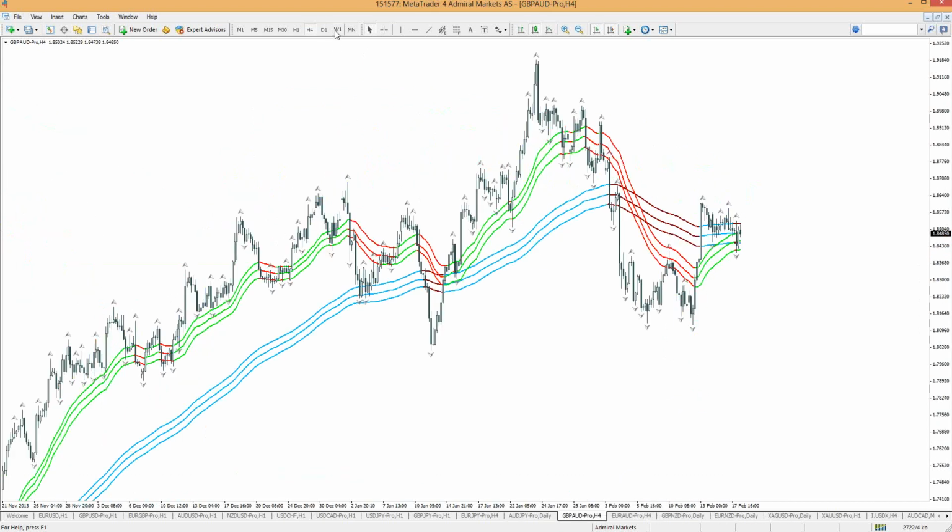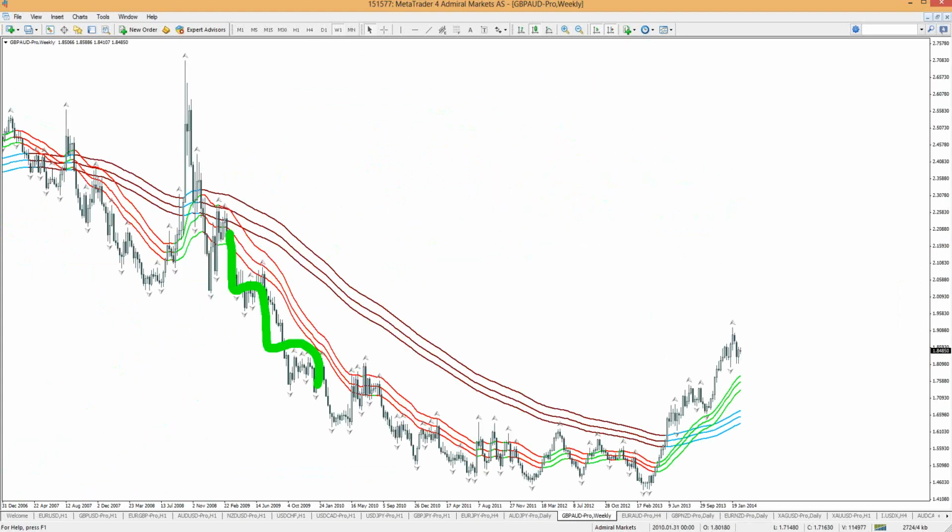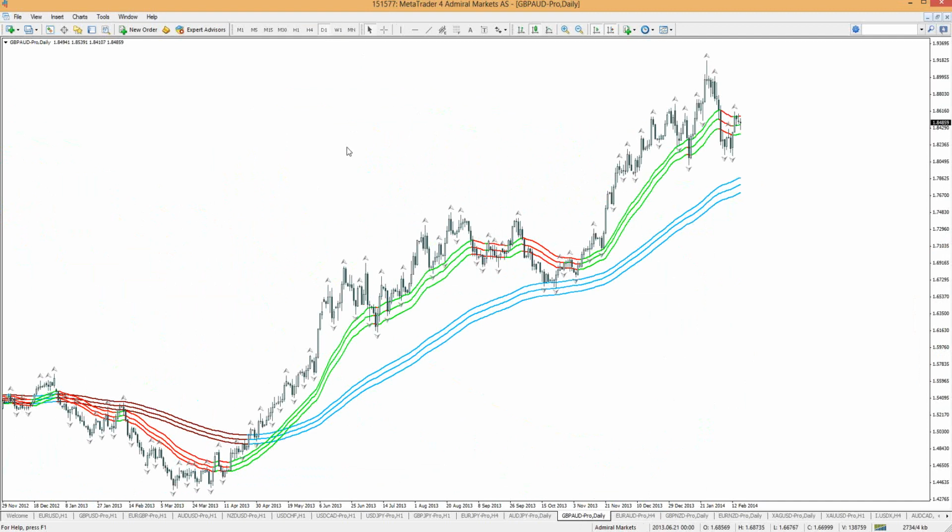Let's take a look at the weekly chart here. And you can see that the price was below, then started to have trouble, and we were in a range at the bottom here, and then broke out of that range to the upside. And that upside break has been very impulsive so far. And here you can see how that daily chart looks. Amazing, very neat, beautiful uptrend.